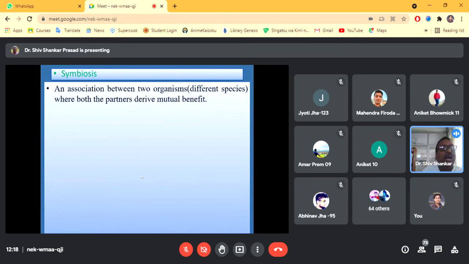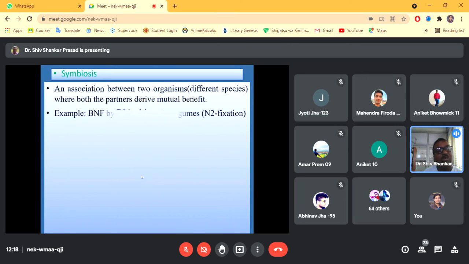So, an association between two organisms, that is between plants and microbes, where both the partners derive mutual benefits, and a particular process of nitrogen fixation will be activated only when the symbiosis interactions take place. So only after the symbiotic relationship, the interactions will take place and the nitrogen fixation takes place.